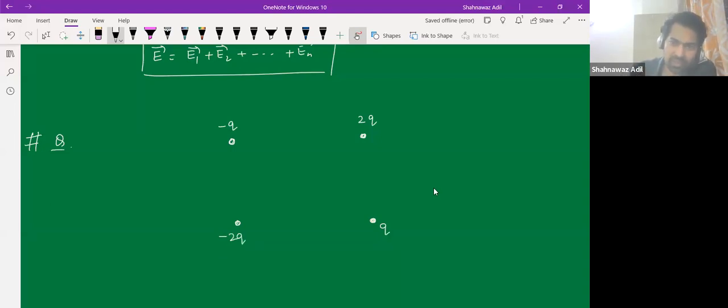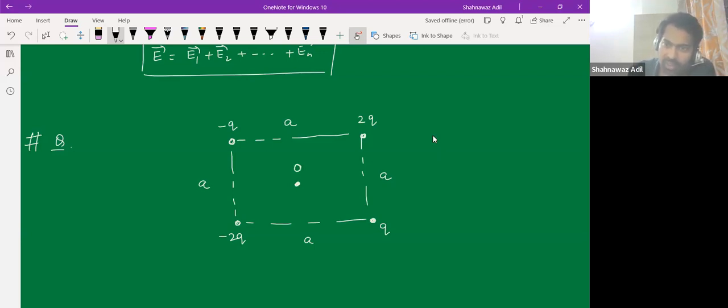If I calculate the electric field at the center of this square, with side A, at this point, let's say this is point O, I'm calculating the electric field at O.